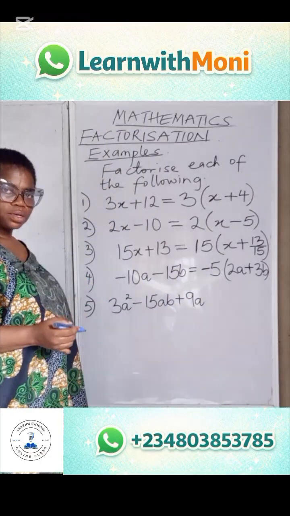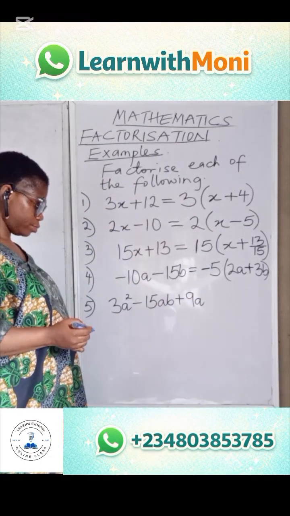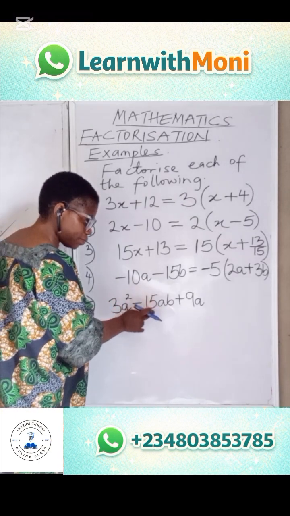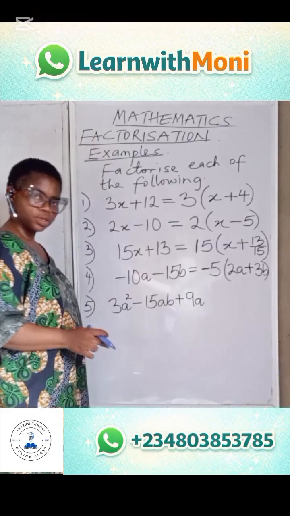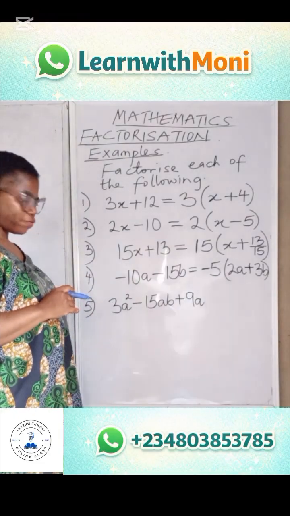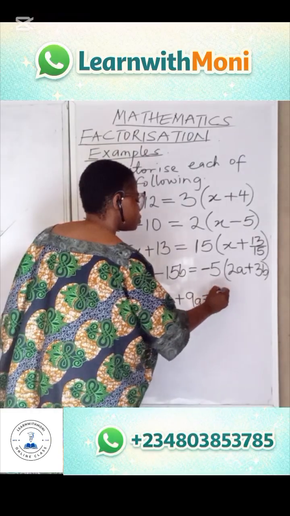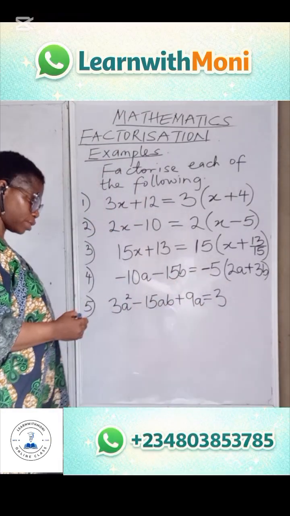Let's see the common factors here. Looking at 3, 15, and 9, the highest common factor there is 3. So I'm bringing out 3 as the highest common factor.